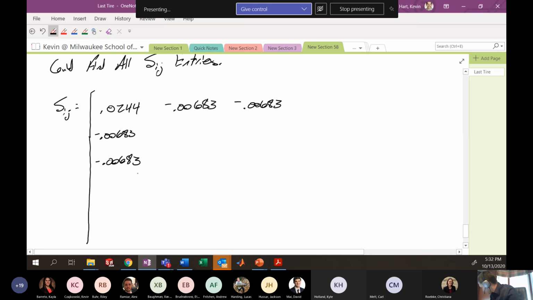The 2-2 entry, 0.0962. The 2-3 entry will be different, 0.0481. And here we will mimic for the 3-3 entry. Gonna have a bunch of zeros in space over here.